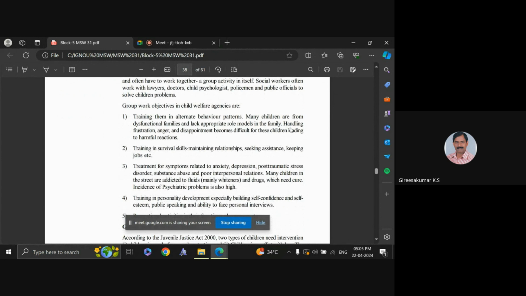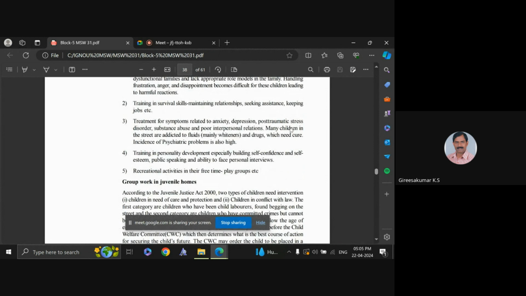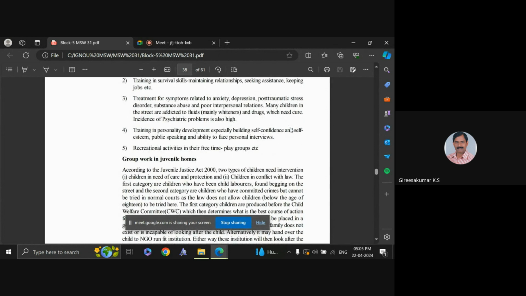The main objectives are training them in alternate behavioral patterns and treatment for symptoms related to anxiety. These are all issues which the children face.